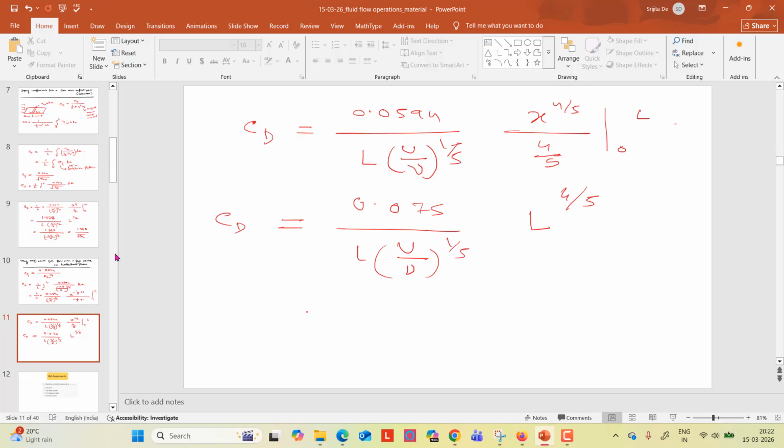And now it will come as 0.075 by (UL by nu) to the power 1 by 5. If you calculate, you will get it.